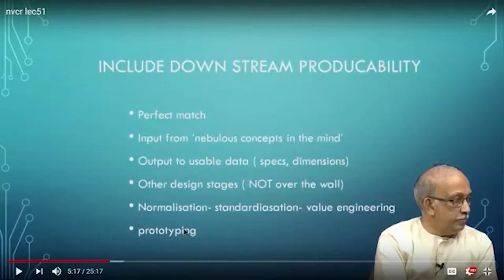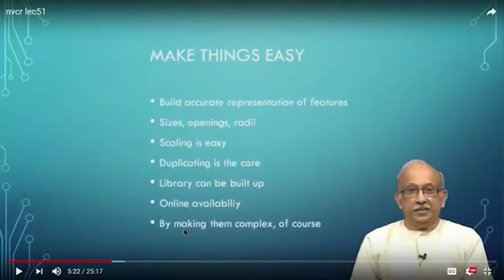So, prototyping itself, I have already given an example of how well things can be. We can have accurate representation of features, sizes, scaling, both in terms of quantities. You can make multiple copies of the same, and scaling of individual entities. You can make them bigger or smaller. Once you make a metric proportioned fastener, making it is easy.